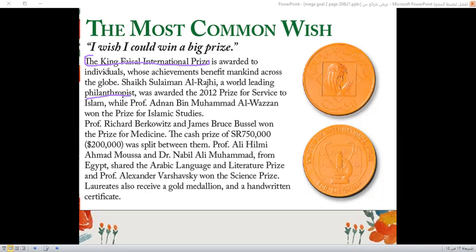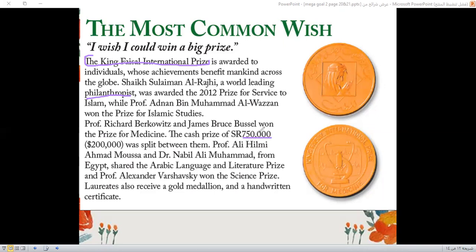You can search for it and sign up for it if you have research or something, and then they choose one person, or sometimes, as here, they chose 3 people, and they split 750,000 riyals between the 3 of them.